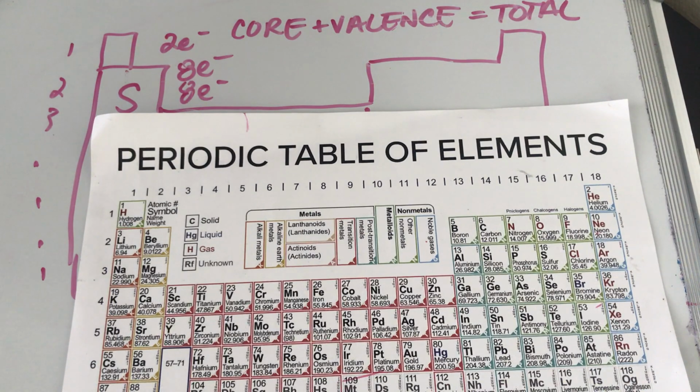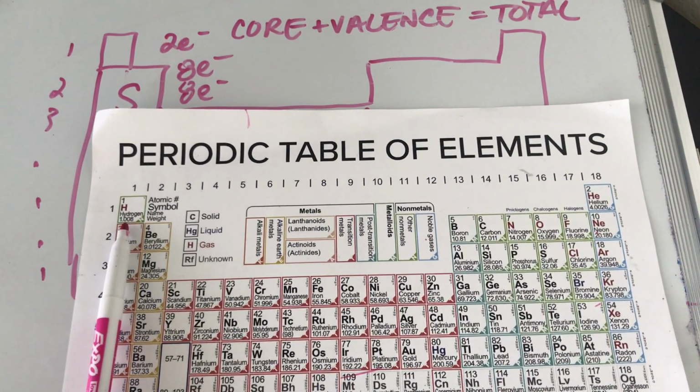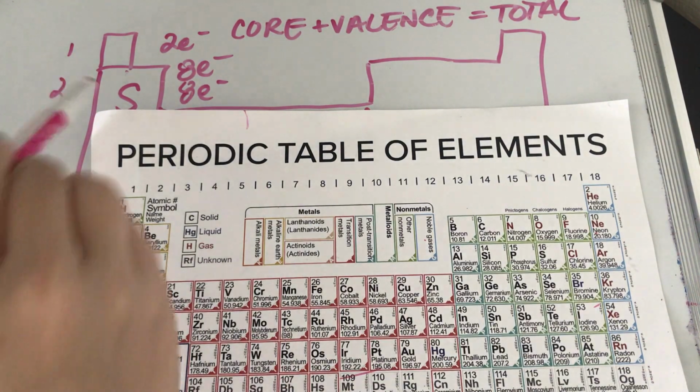Talking about lithium, we said lithium has how many valence electrons? 1. One valence electron, because it's in group 1, right? Everybody okay with me there? So, that valence electron lives in the 2s block.